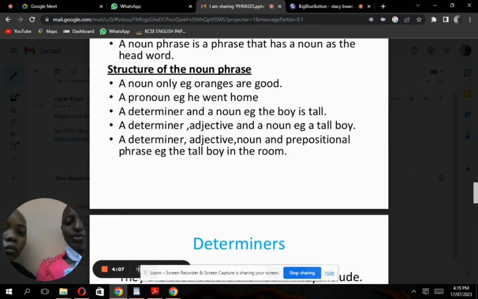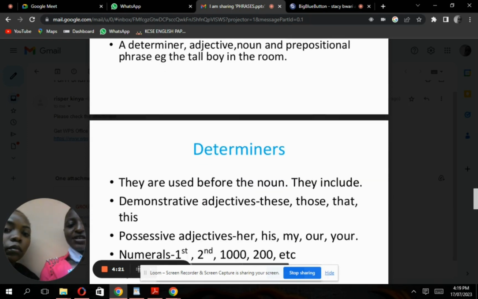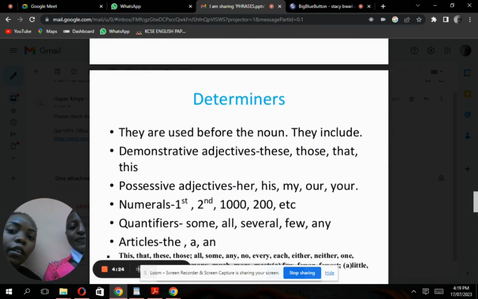For example, the tall boy in the room. There is the determiner, tall is the adjective, boy is the noun, and in the room is the prepositional phrase. So let's, Stacy, continue with the determiners.